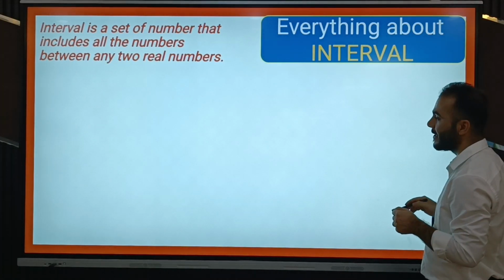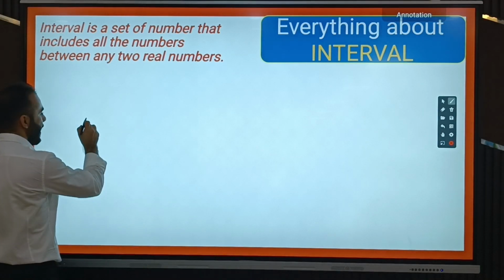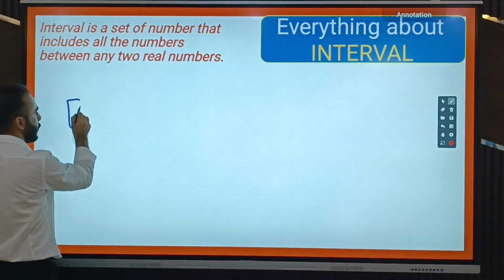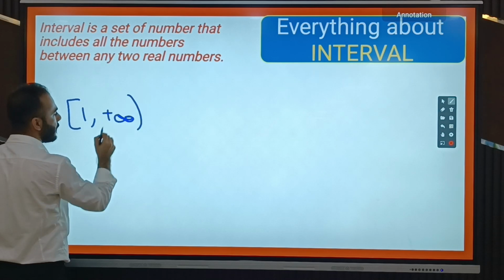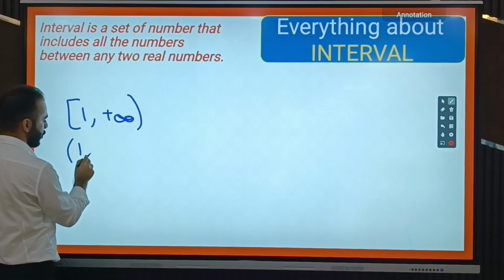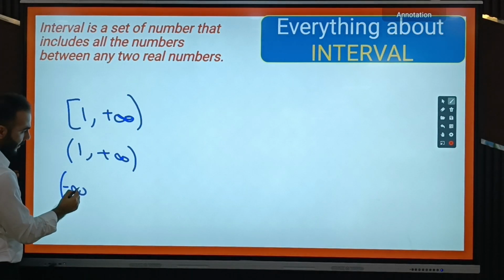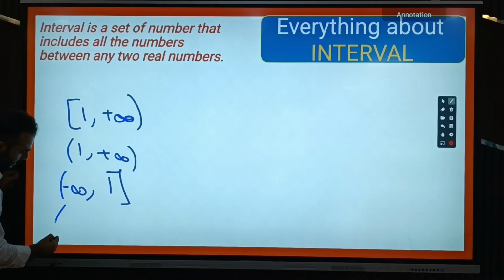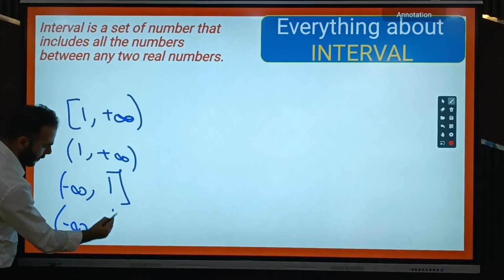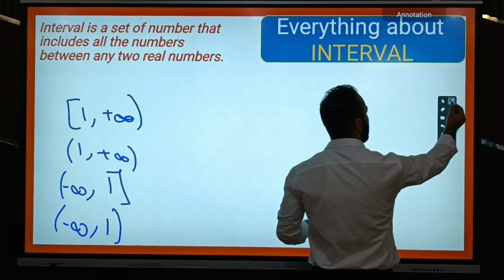Like there are some other cases for infinity. All right. Let's say if we have 1 to positive infinity and open 1 to positive infinity, and of course negative infinity to 1, but this time closed, and negative infinity to 1 open. How are we going to show these four on number line?